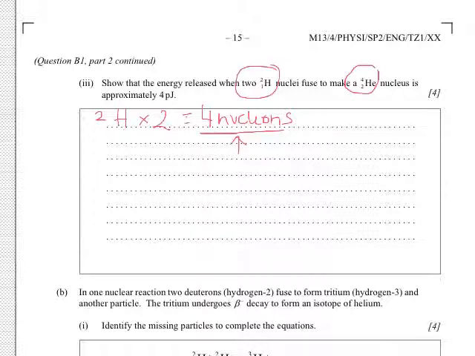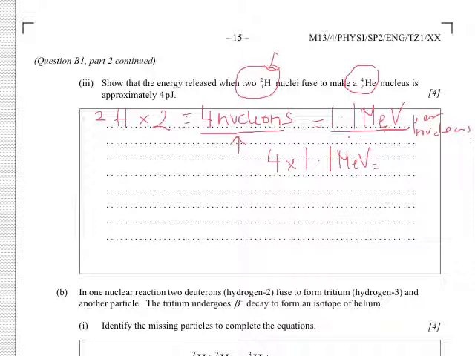Well, for that we need to look on the graph. If you look up hydrogen on the graph, you'll find that it's approximately 1.1 mega electron volts per nucleon. So the amount of energy actually available is 4 times 1.1 MeV, which is equal to 4.4.